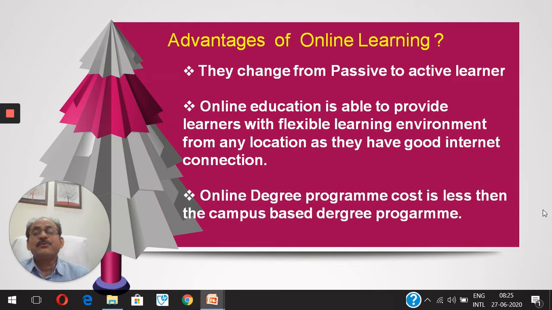And the third point is very important. This education system is very low cost. The online degree program cost is less than the campus-based degree program cost, because you can take your degree through the online process. It is not necessary to come to the campus or to the education place.